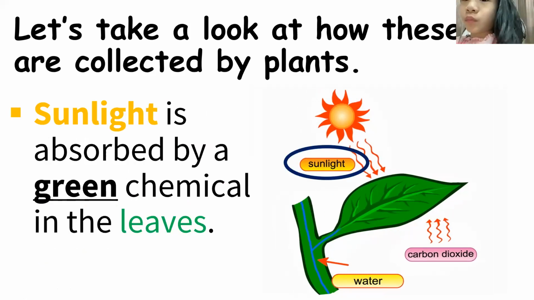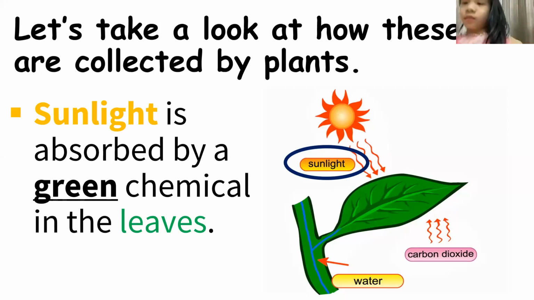How about the sunlight? The sunlight is absorbed by the green chemical in leaves. Yes, the color green in leaves. Remember? Carbon dioxide is absorbed by the leaves through the small holes called stomata.